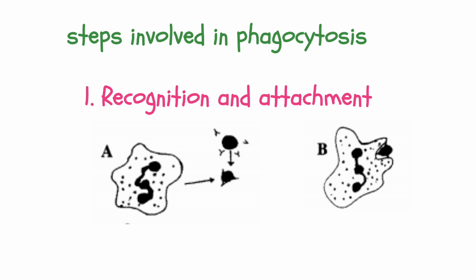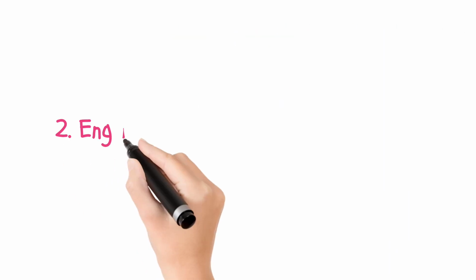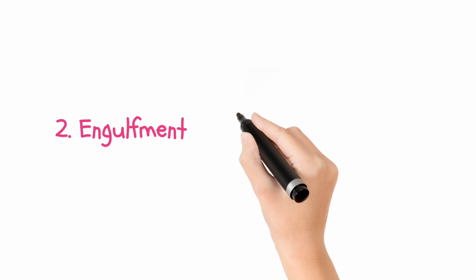This is the first step, recognition and attachment. The second step is its engulfment. When the particle is already attached to the surface of the neutrophil, the neutrophil will now engulf it, and its subsequent formation of a phagocytic vacuole, which is known as a phagosome. So after engulfing it, a phagosome is formed.